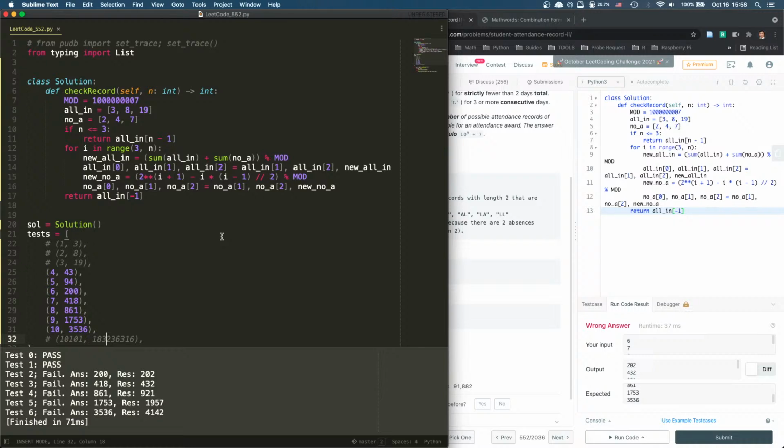So if we have 5, right, about 5, if we have 5, then the first one is going to be P, so it's 4 level without A, so 1, 2, 3, that's 13, and then the first one can be L, and the next one can be P, so that's a 3 level without A, that's 7, or next can be L, then the third one has to be P, so that's 2 level without A, so plus 4.